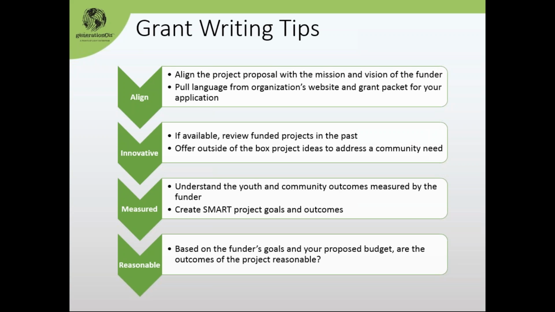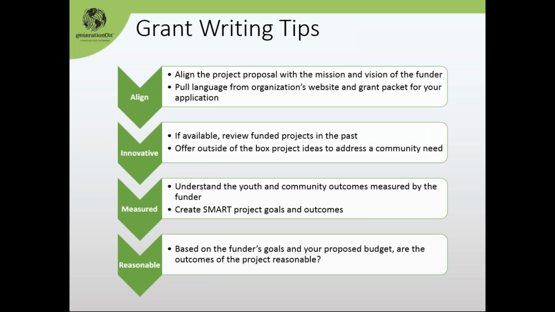Secondly, you want to make sure that your proposal is innovative. Funders are going to be reading a lot of different applications, and you want to make sure that your proposal stands out through an out-of-the-box, innovative idea. What you can do to see if your project is out of the box is research past projects.